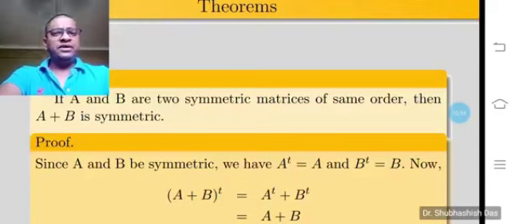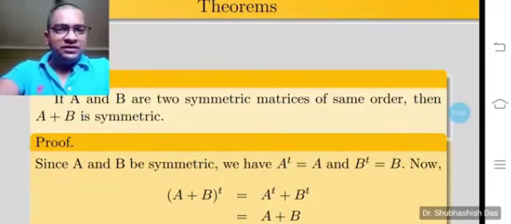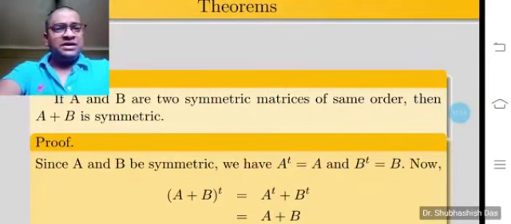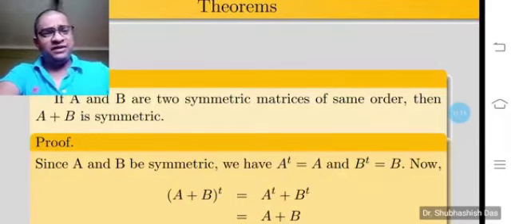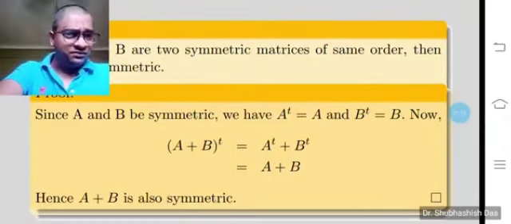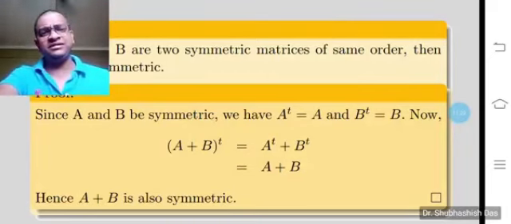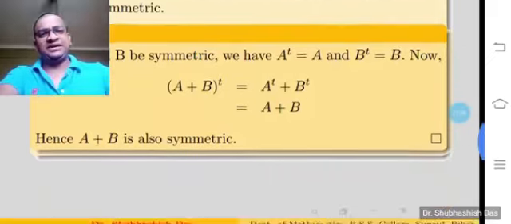We have to prove (A plus B) whole transpose is equal to A plus B. Here, (A plus B) whole transpose is equal to A transpose plus B transpose, just the property of transpose. This is equal to A plus B, since A transpose equals A and B transpose equals B, so we replace A transpose with A and B transpose with B. Hence, A plus B is a symmetric matrix.